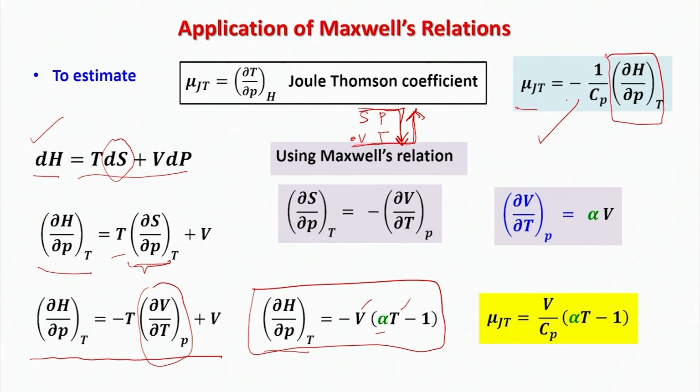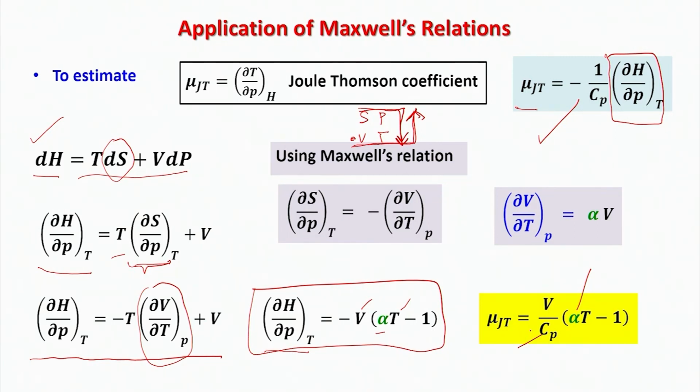All you will have to do is look at the temperature and the volume that the gas is maintaining, look at the value of alpha and Cp under the given conditions, and then you can immediately find out whether mu JT is positive or negative under that condition. And you can immediately say, well, since I'm going to use this gas, it will cool down on going from this high temperature region to the low temperature region, or the other way around.